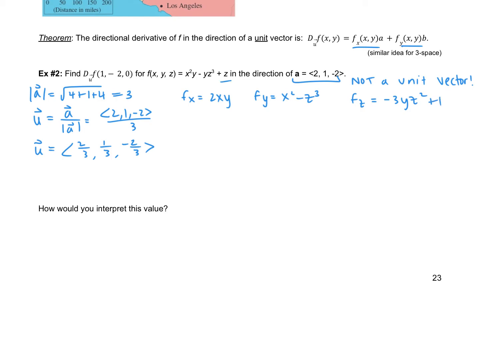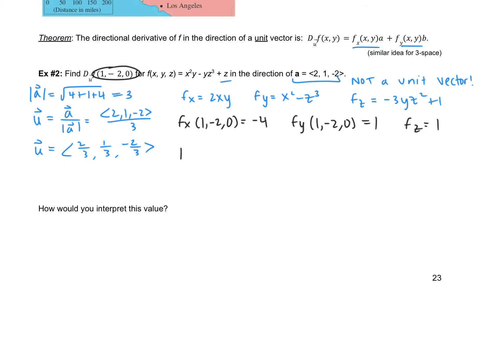Now we're going to need to evaluate all of those at our point 1, negative 2, 0. So fx at 1, negative 2, 0 gives us negative 4. Fy evaluated at 1, negative 2, 0 is going to give us 1. And the partial with respect to z will also give us 1.